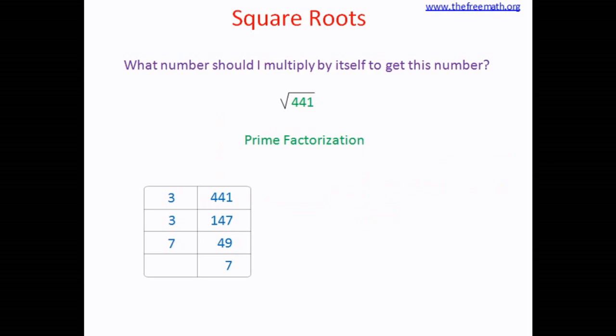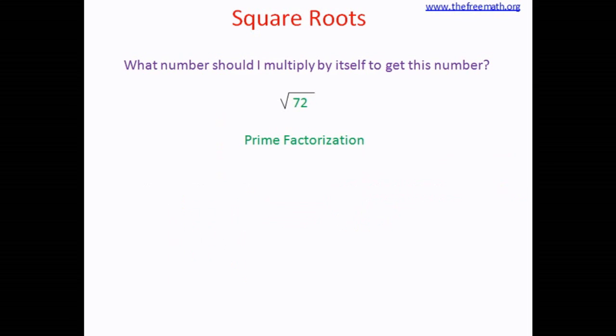So divide by 7, you get 7. 7 is a prime number, so you stop. So the prime factors are 3 multiplied by 3 multiplied by 7 multiplied by 7. You can see there are 2 3's and 2 7's. So we pair these factors and take 1 3 and 1 7 from these pairs, multiply that, we get 3 7's are 21. So 21 is the square root of 441.